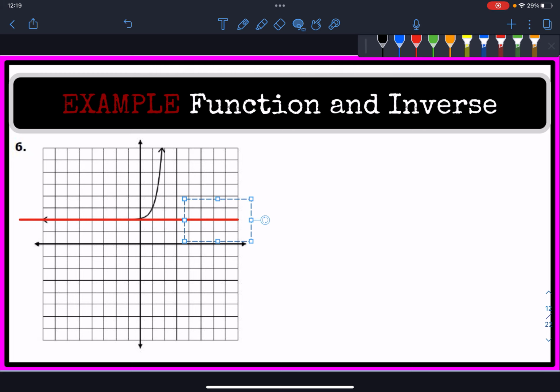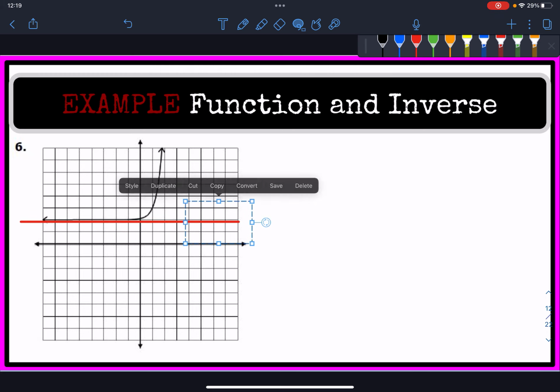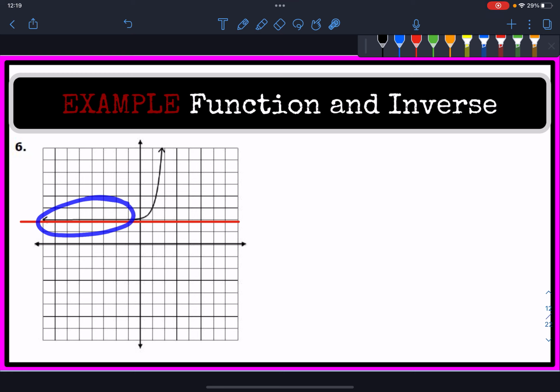This looks horizontal towards this portion because I'm really zoomed out. But if I was to zoom in, I would see that the graph is gradually decreasing, getting closer and closer to +2, but it's never actually going to touch.